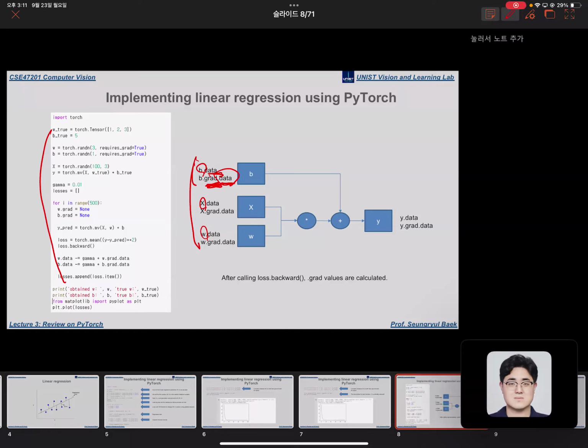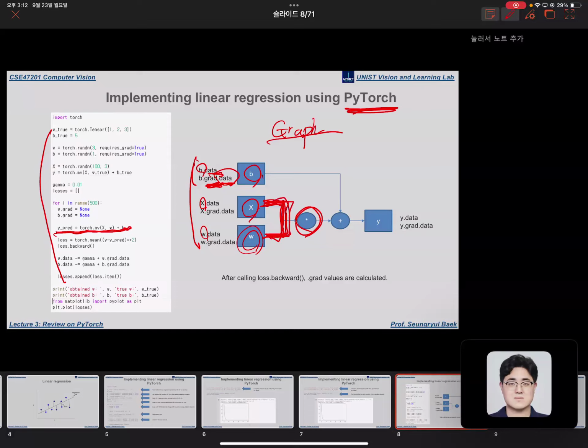Anyways, inside PyTorch, these variables B, W, X are first defined. And inside PyTorch, they somehow connect these variables using operations. When we define this forward rule, this kind of graph structure is constructed inside PyTorch.